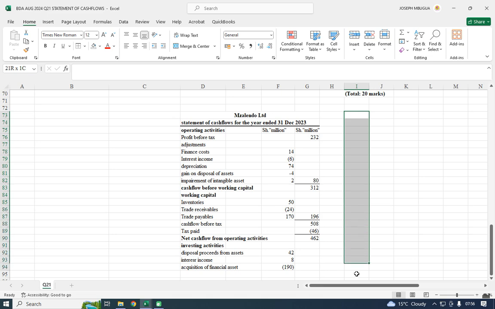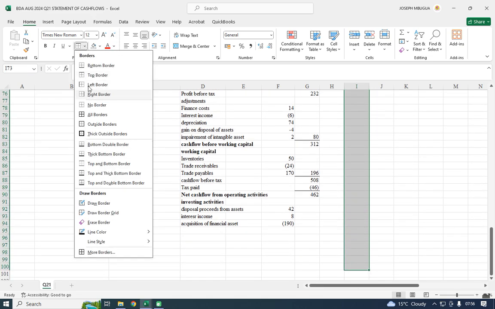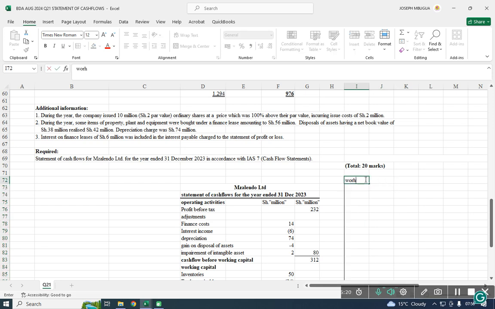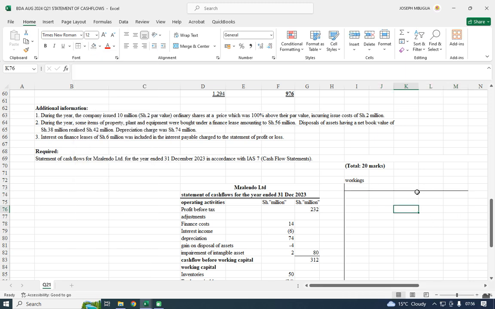So you can do some workings on this end. Permit me to do some workings. The first one, let me open this, the PPE, so that you can see what was happening with the PPE.